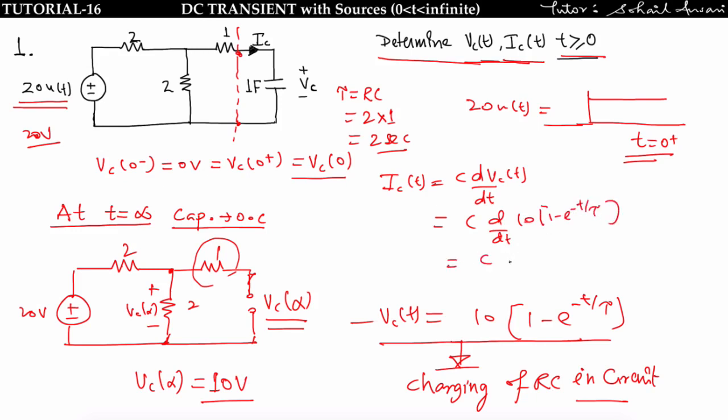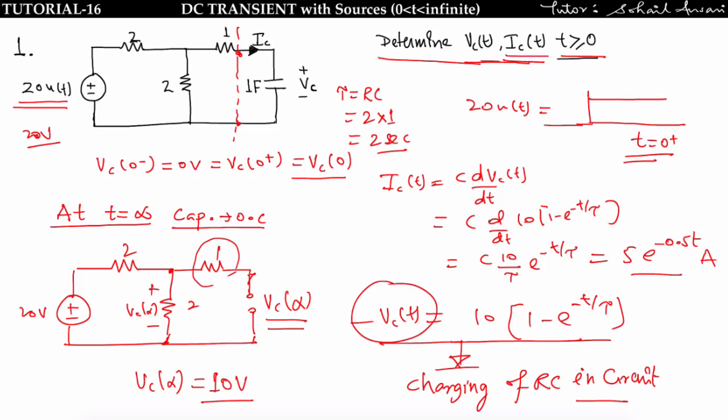Differentiate, you will get C times 10 upon tau e to the power minus t upon tau. So finally 5 e to the power minus 0.5t ampere. So in this way we can find the voltage across the capacitor for t greater than 0 and the current across the capacitor for t greater than 0.